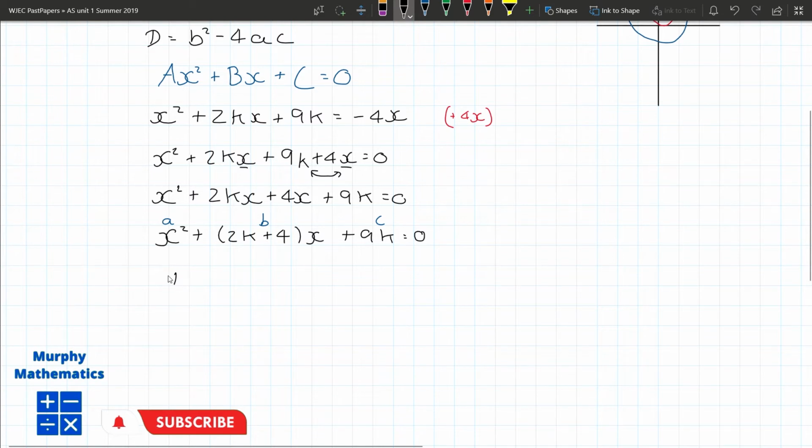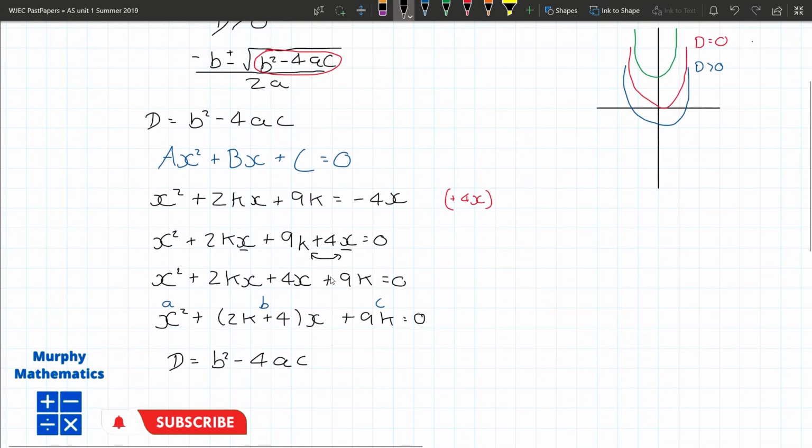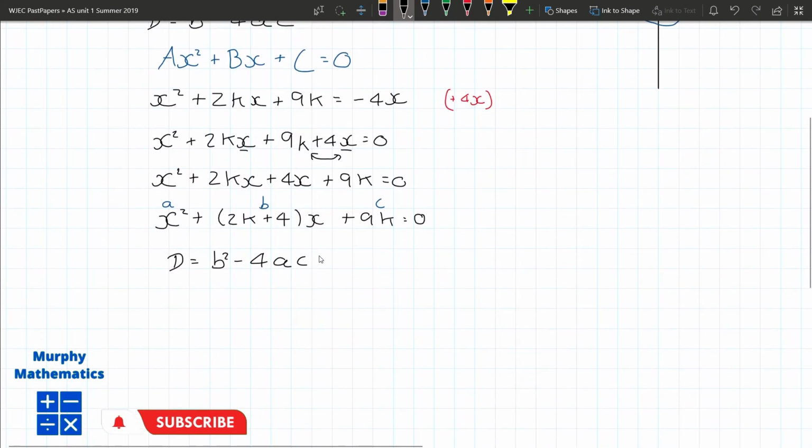I'll write out the discriminant again: b squared minus 4ac, and we want that to be greater than 0.